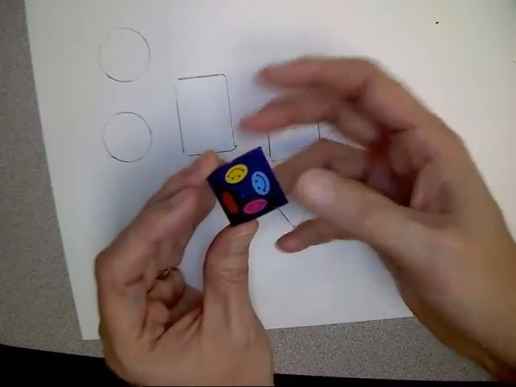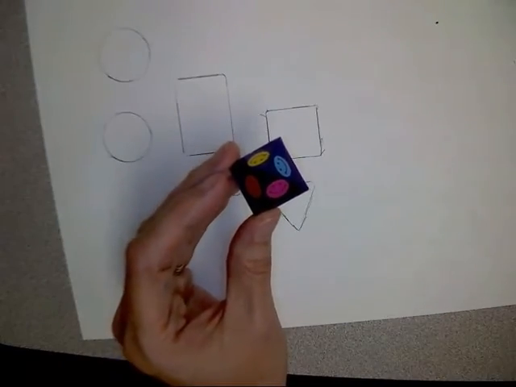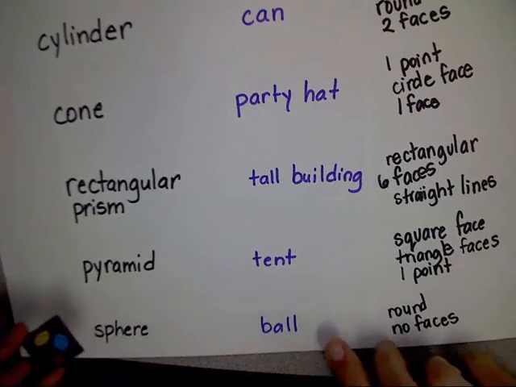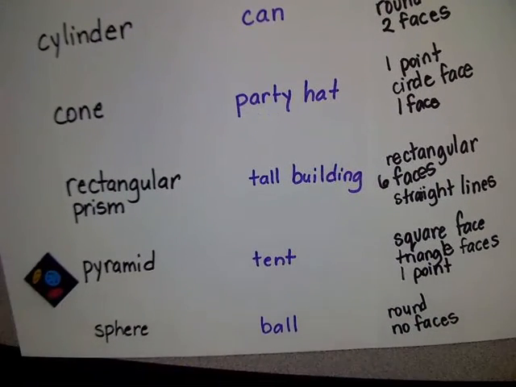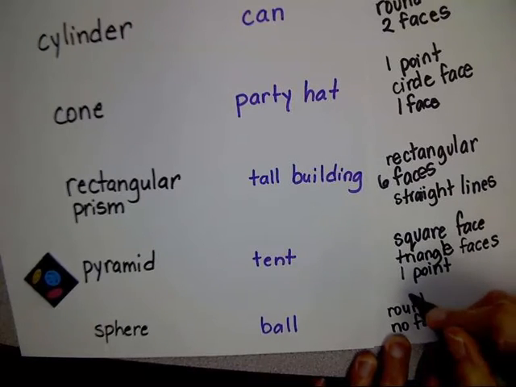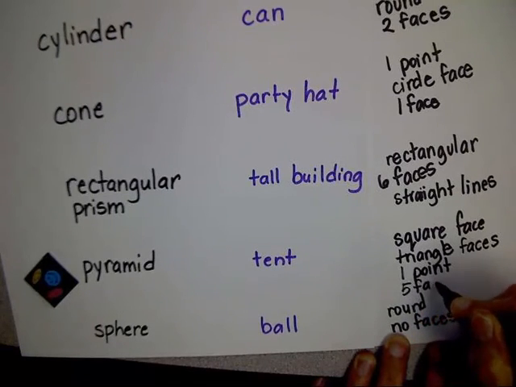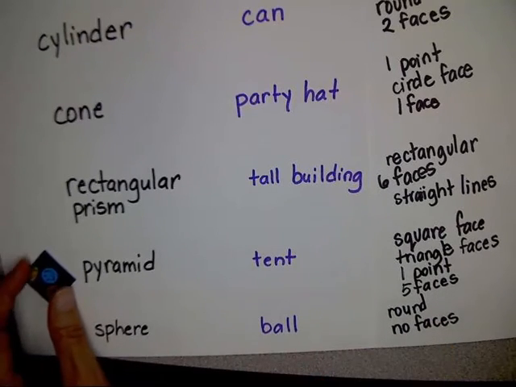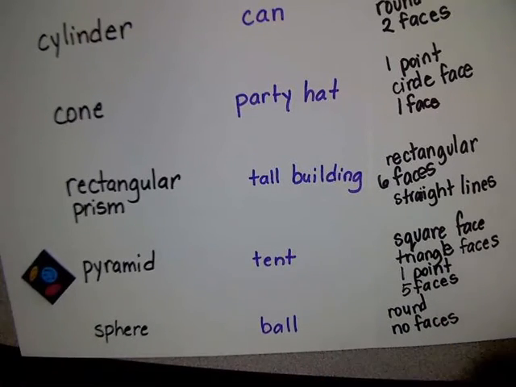A pyramid has 5 faces. So let's add to our thinking here. So we know that it has 5 faces. A pyramid. It does look kind of like a tent, doesn't it?